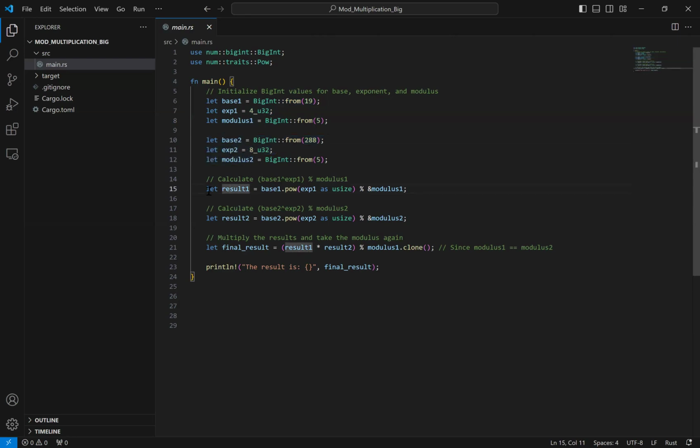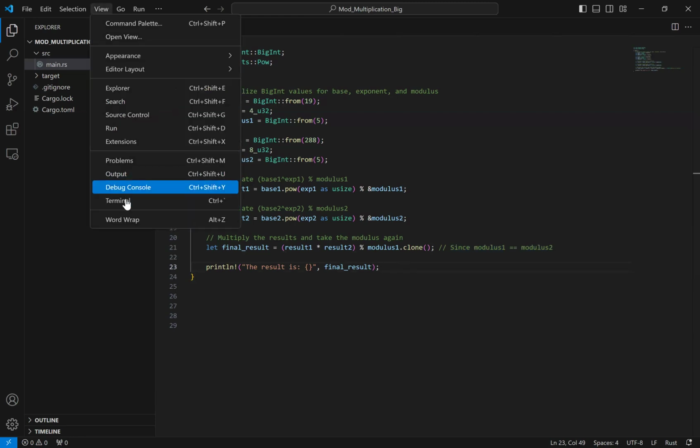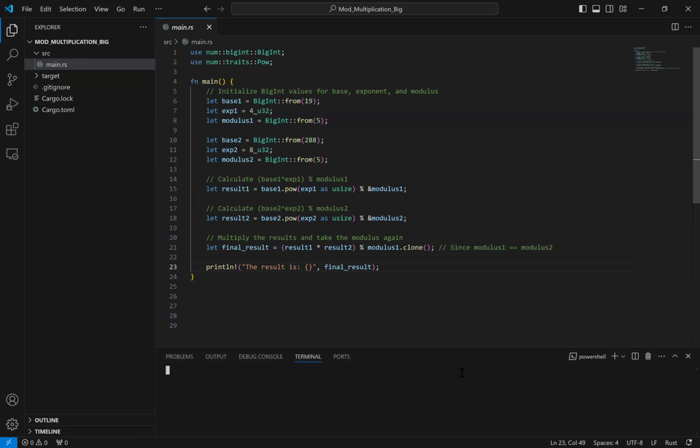And then we come to do the result for the first integer, then the result for the second integer. Then we combine the two results. And I'm saying that we shall just use mod 1 because mod 1 and mod 2 are the same. So let us just run this and see what we get.